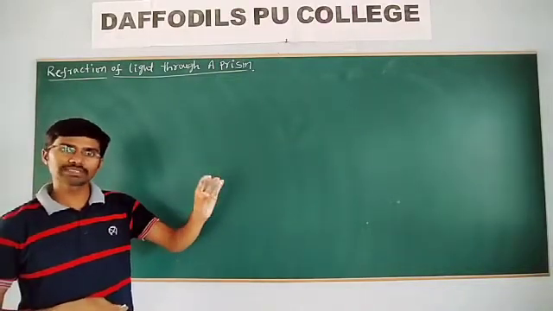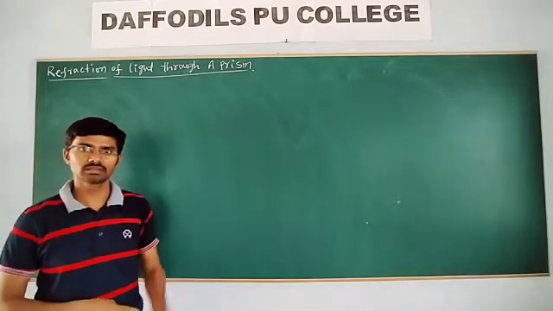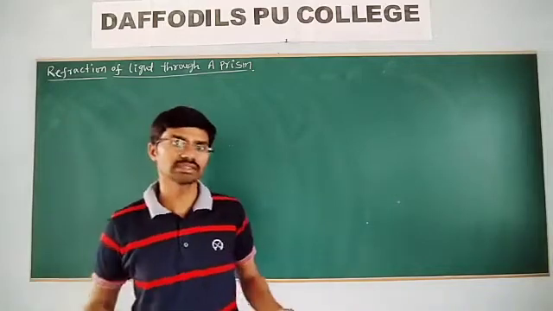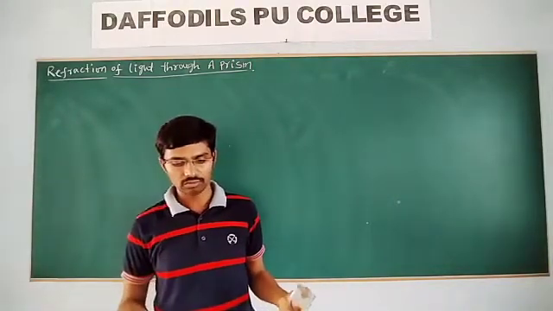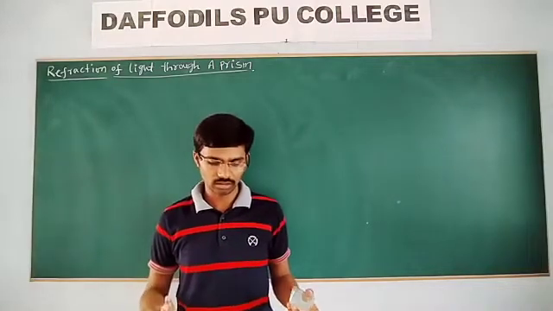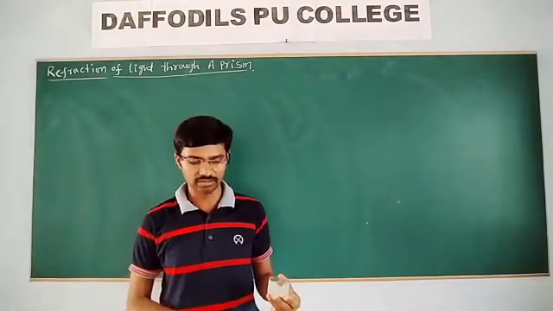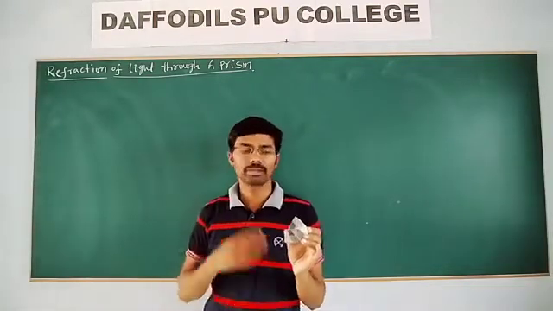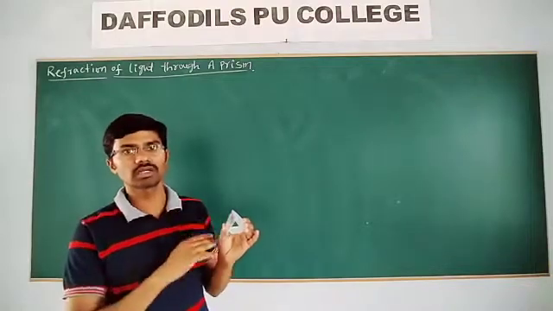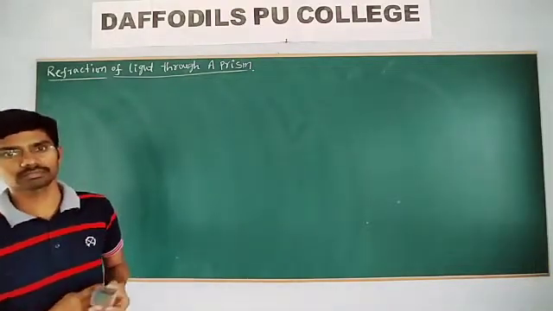Do all prisms have five plane surfaces? No, not necessary. Depending upon the prism, it may have a different number of surfaces, and it need not be a triangular section. But for our discussion we are taking the triangular section of a prism.